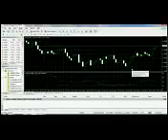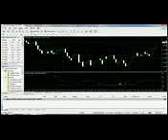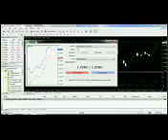Now, this parabolic SAR signal here is giving me a buy signal, but I would only buy there if the ADX green line, which is a plus DI, is above the ADX red line, which it is, as you can see here. I'm thinking it might be a bit too late to buy here, but I'm just going to do it anyway for sake of example.